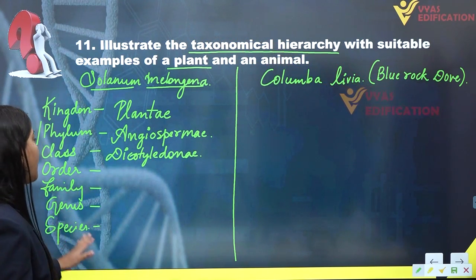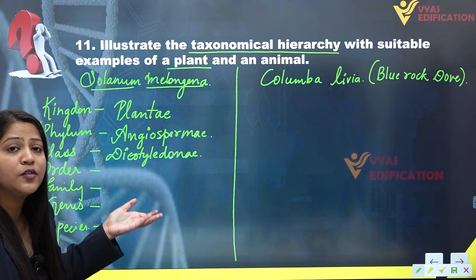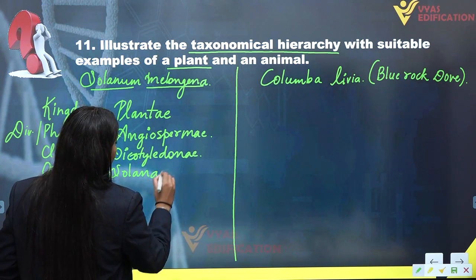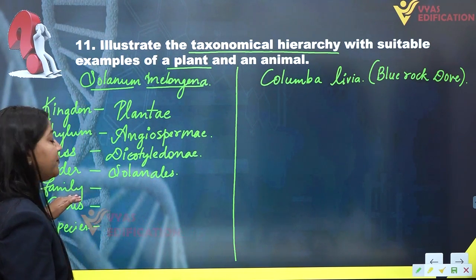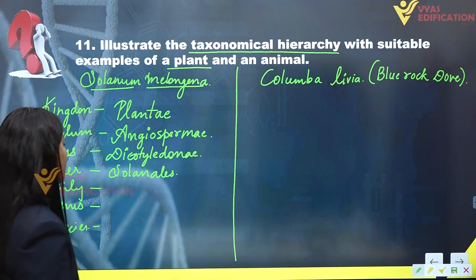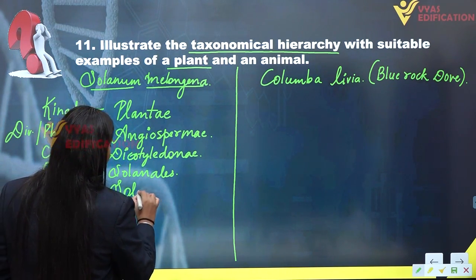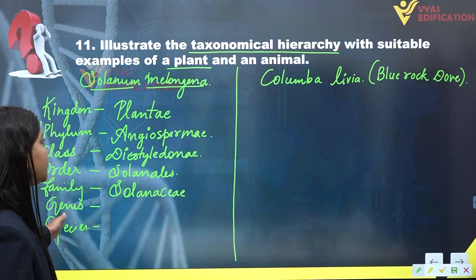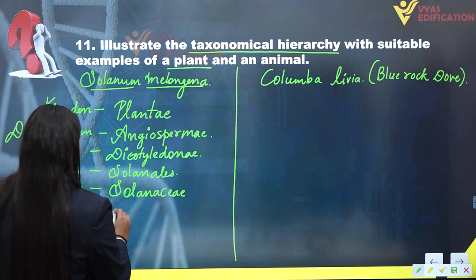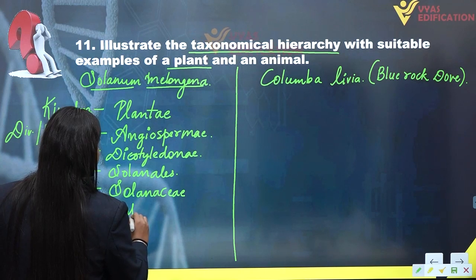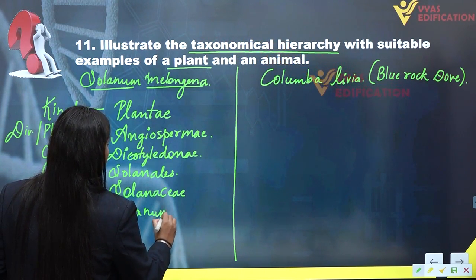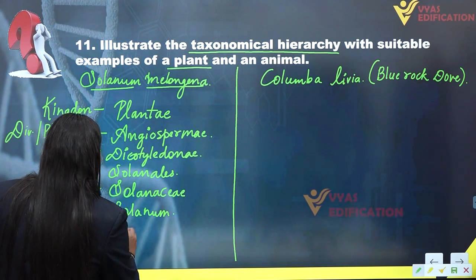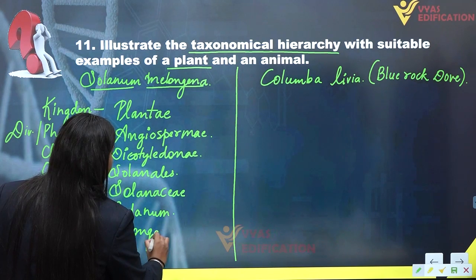If we talk about the order, then we have the order Solanales. The family of Solanum melongena will be Solanaceae. If we talk about the genus, then the genus would be Solanum, and last, the species would be melongena.